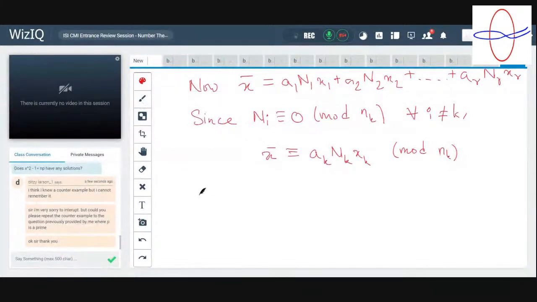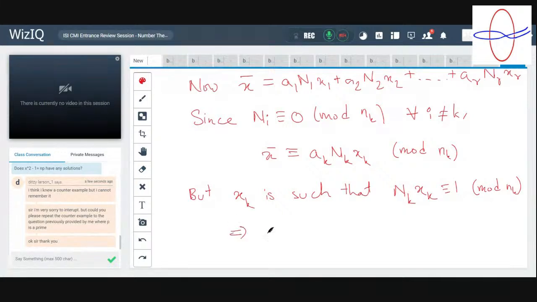Okay, but we chose xk such that Nk times xk is congruent to 1 mod nk, which means that x bar must be congruent to ak mod nk.